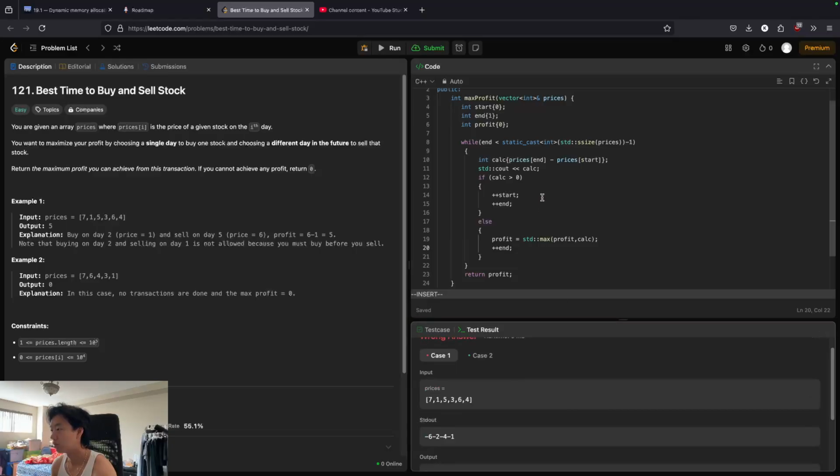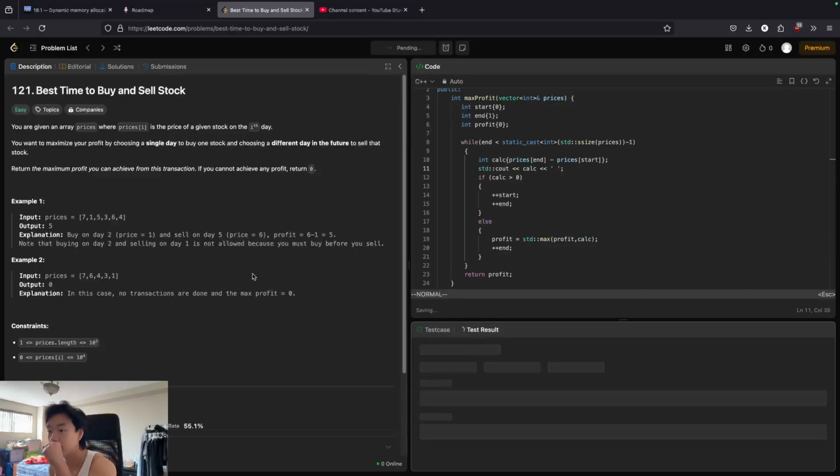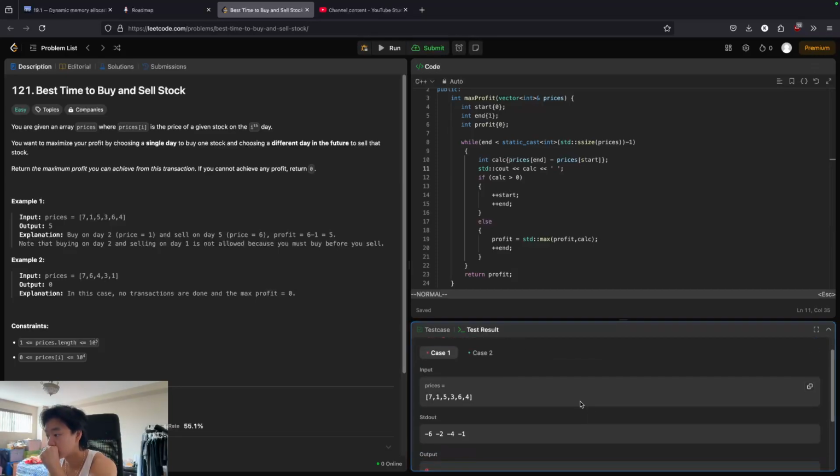No? So we get negative 6, negative 2, negative. Oh, it's because we're never moving the start. Oh, shoot. I forgot where I was going with that.